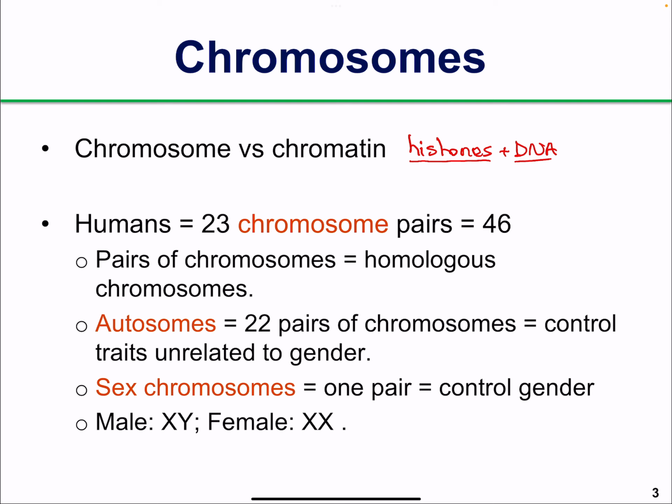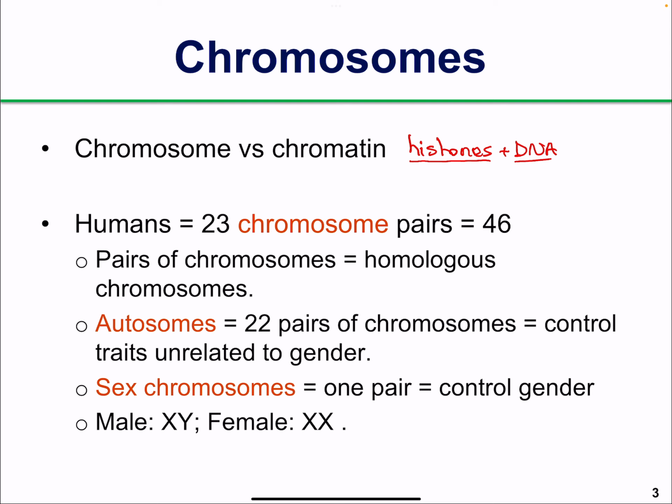And again, chromatin is basically DNA mingled with proteins called histones, and that DNA is relatively loose, which is compatible with gene expression. But when that DNA mingled with protein is very compact and visible under a microscope, we call that a chromosome, and at that point, most of the genes are not readily available for gene expression. Let me close that parenthesis.